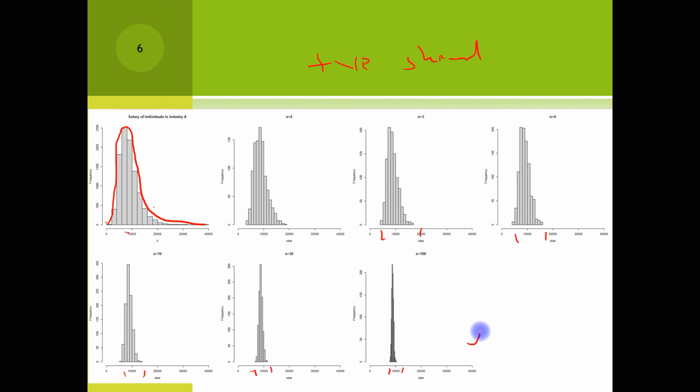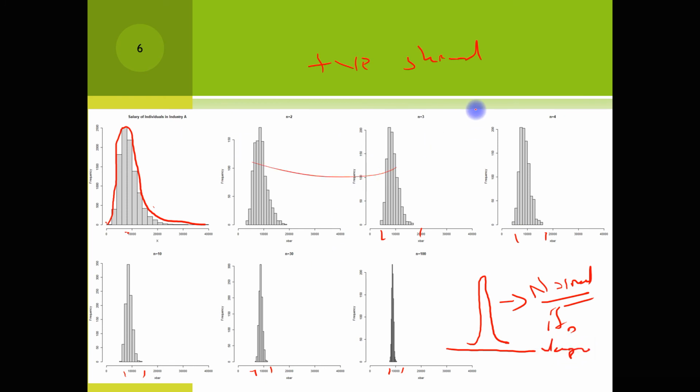I'm going to draw it differently here because I'm having difficulties drawing it there. The sampling distribution of x bar is a normal distribution. All right, but look at that. If n is larger, now look at the above. That is the positively skewed. X was positively skewed, but x bar became normal if the sample size is large.